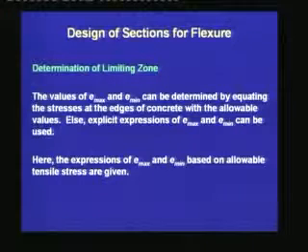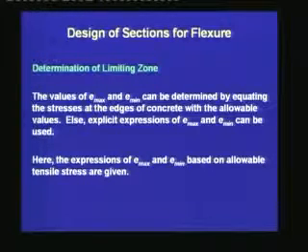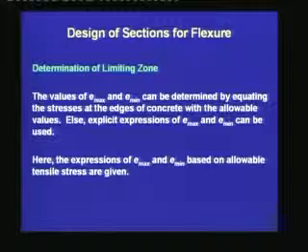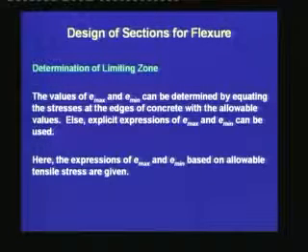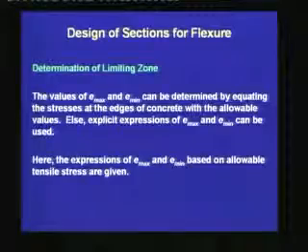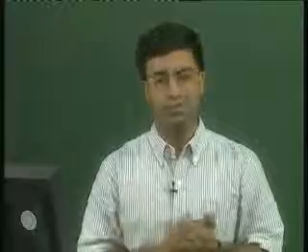The values of E max and E min can be determined by equating the stresses at the edges of concrete with the allowable values. Else, explicit expressions of E max and E min can be used. Here, the expressions of E max and E min based on allowable tensile stress are given. That means there are two ways to determine the values of E max and E min at a particular section.